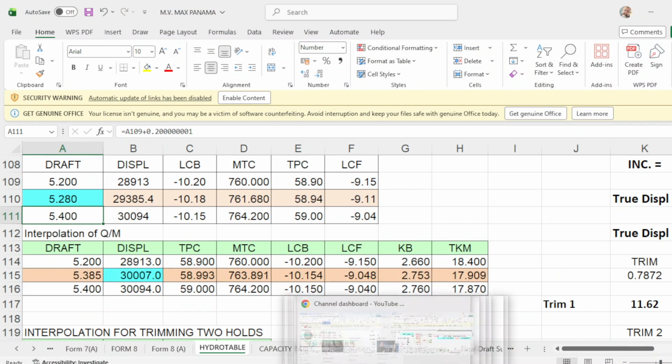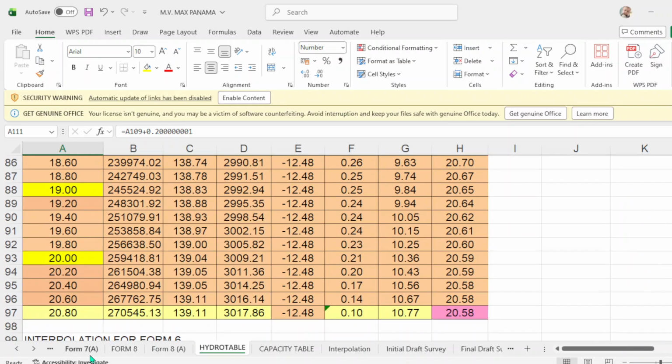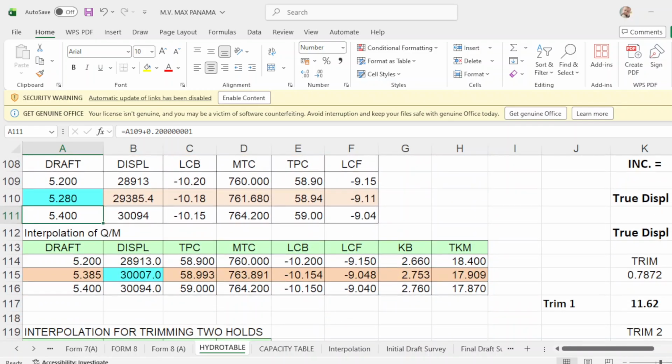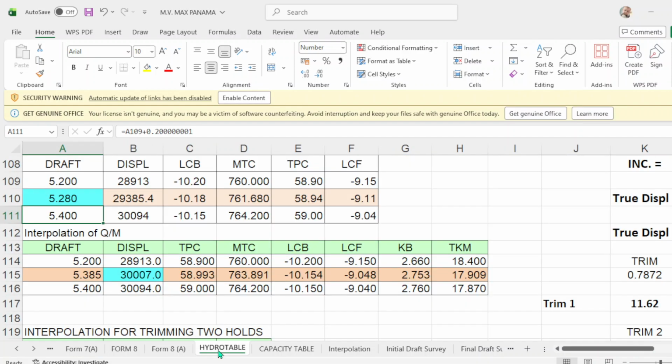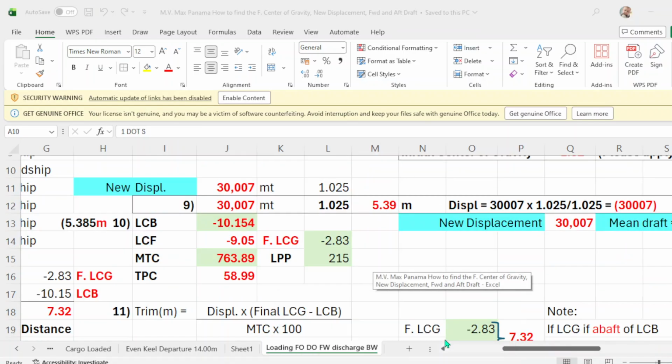Then we go to the LCF, which is negative 9.05, negative 9.05, and I got here LCF is negative 9.05.